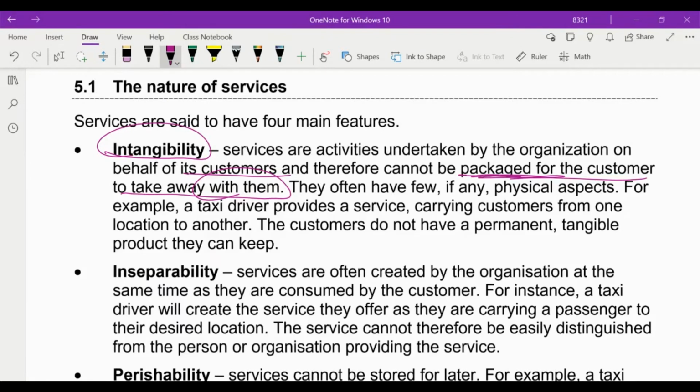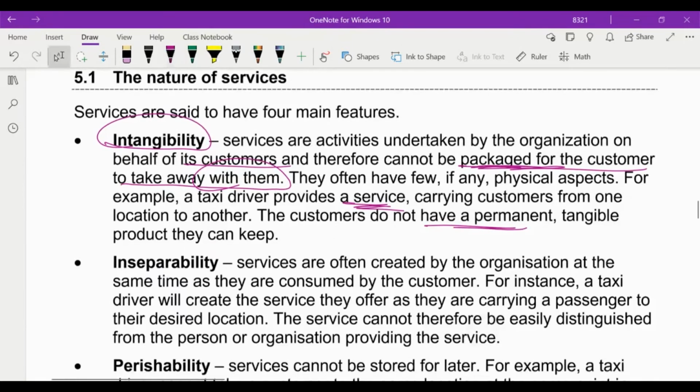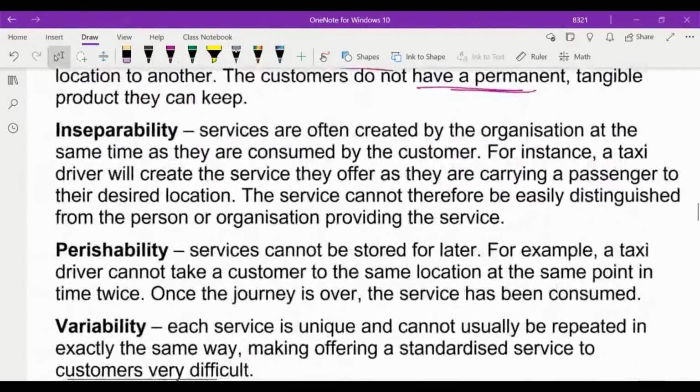For example, a taxi driver provides a service carrying customers from one location to another. Customers do not have a permanent tangible product that they can keep. They're just getting a service which is consumed and absorbed at the same time because services are very perishable in nature. So that is another characteristic, but yes, that is that.